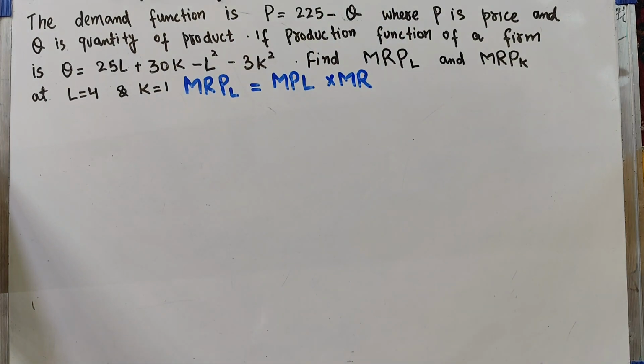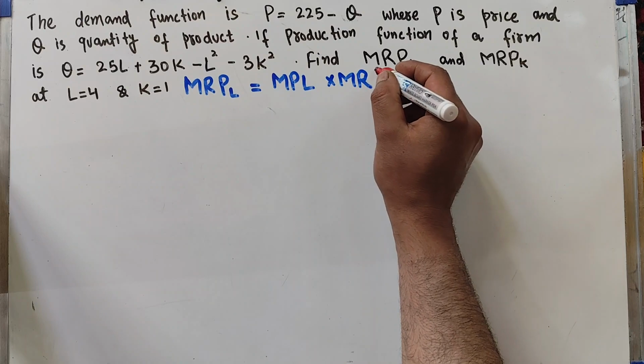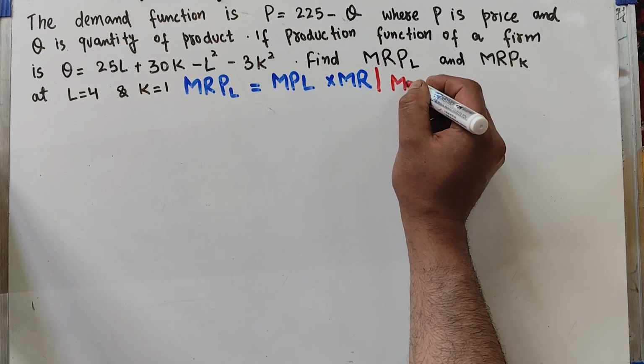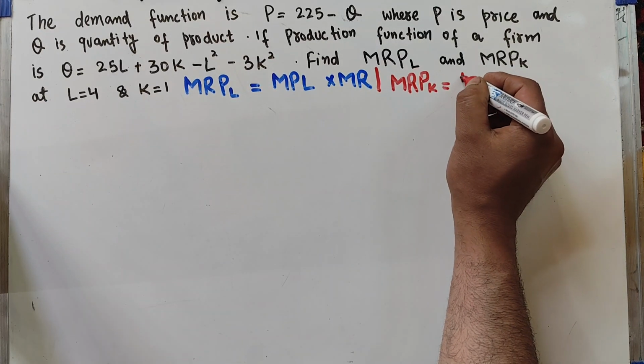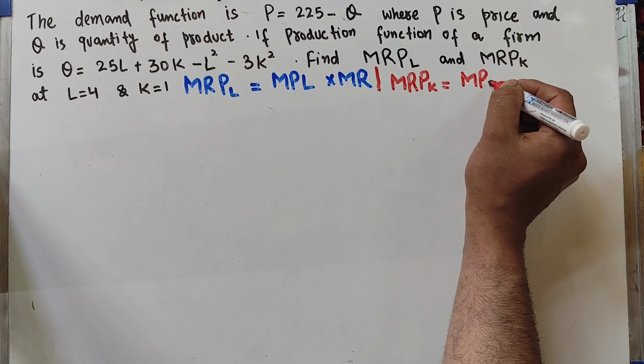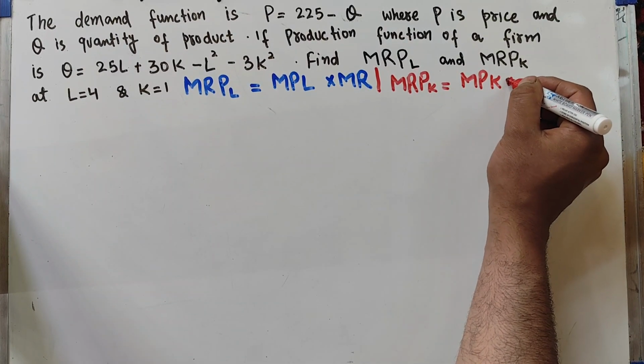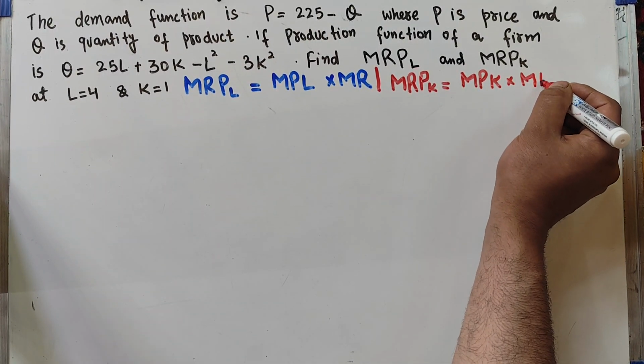In the same way, marginal revenue product of capital is equal to the marginal product of capital times marginal revenue.